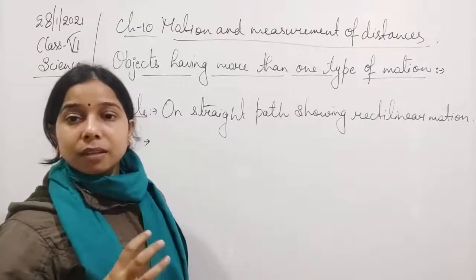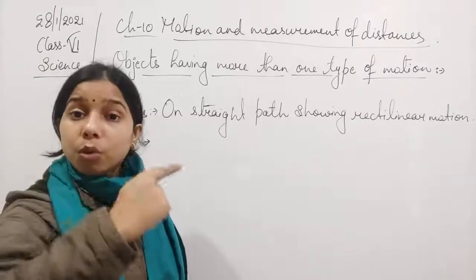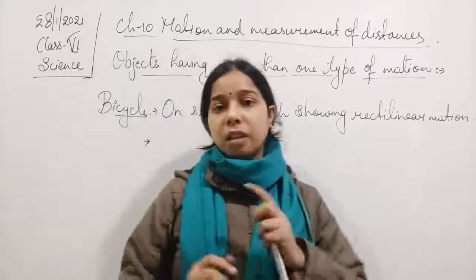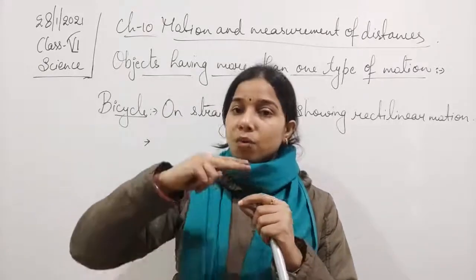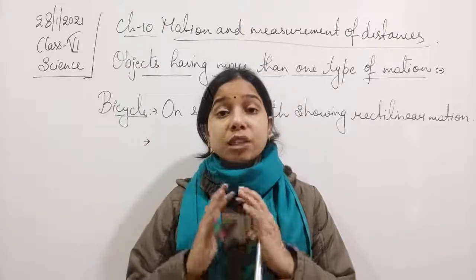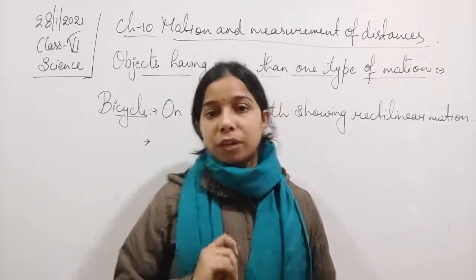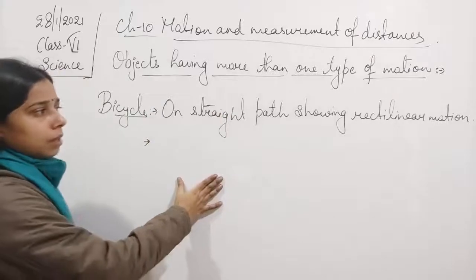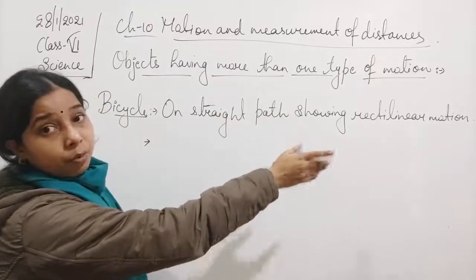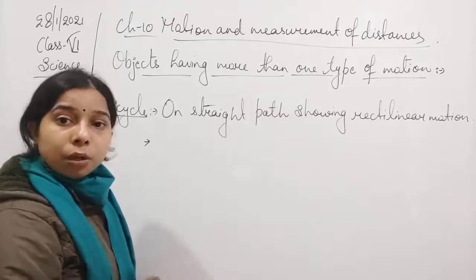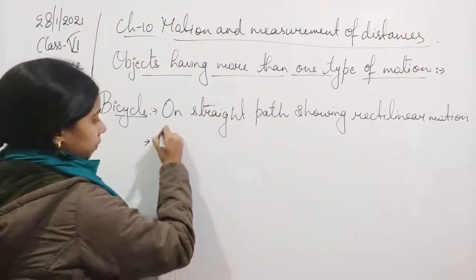The bicycle wheel also keeps on moving, and this movement occurs on the same axis. Since it is moving on the same axis, such a motion is rotational motion. So, we will say that not only rectilinear motion, but it also shows rotational motion.